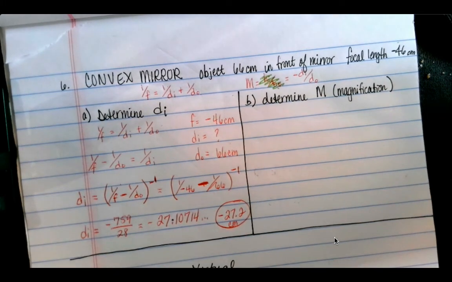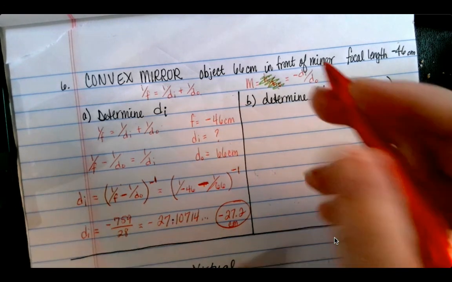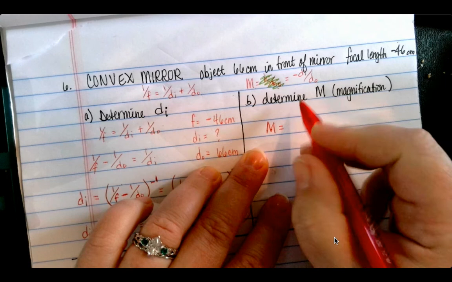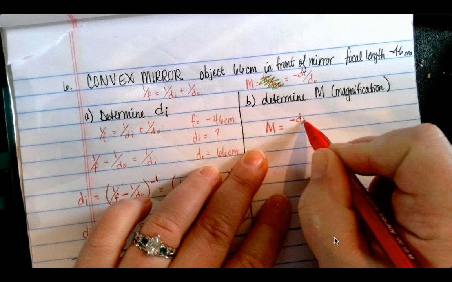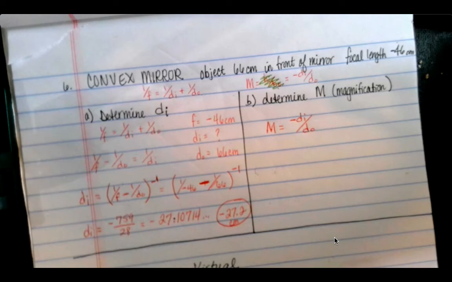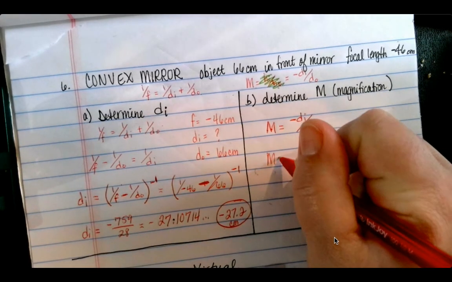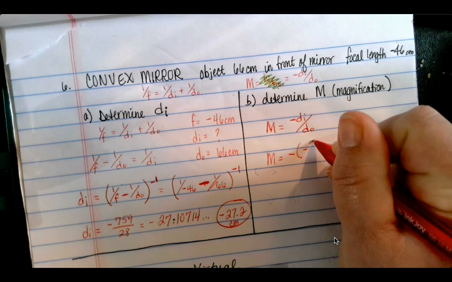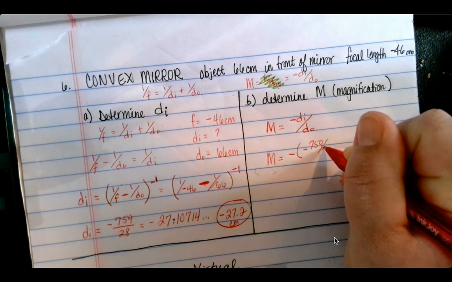Now that we know that, I'm going to jump in and do part B, determine the magnification. When we determine the magnification, we're going to just use that magnification is equal to, and we've already picked it out, negative di over do. So my magnification is going to be negative negative 759 over 28.